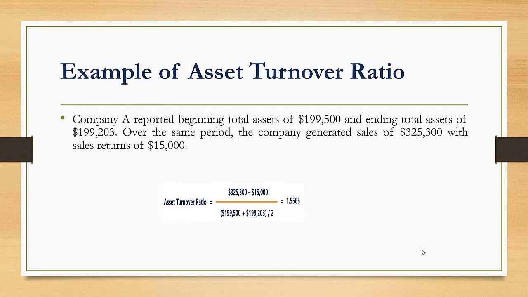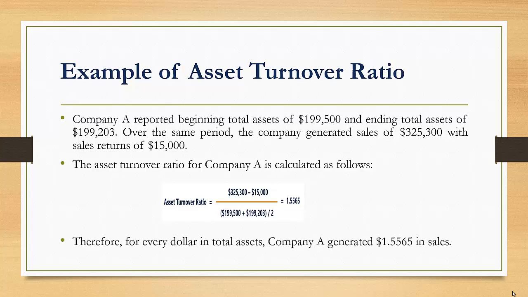So average assets means that 199,500, which is the beginning total, and 199,203, which is the ending total. The sum of these two values we have divided by 2 to get an average, and finally we get an answer of 1.5565.